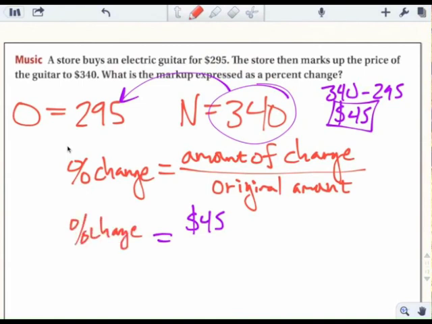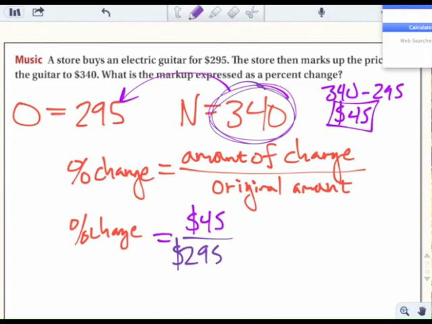Now what goes in the bottom of our fraction is the original amount, which was $295. It is not this number that goes in the bottom. That's not right. 45 divided by 295 is equal to 0.15 approximately.